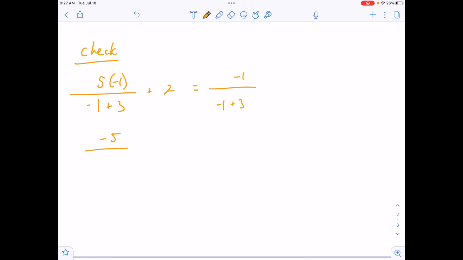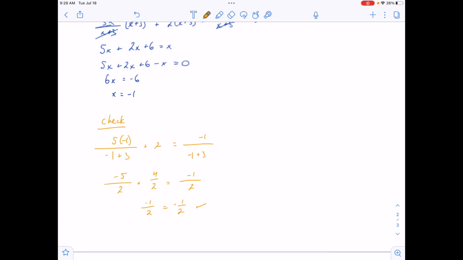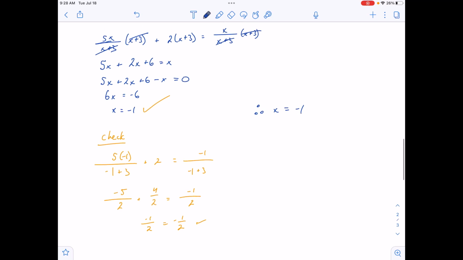Negative 1 plus 3 is 2. I'll put that into a nice common denominator of 4 over 2. And then I have a negative 1 over 2 here. Negative 5 over 2 plus 4 over 2 is negative 1 over 2. Our sides are equal, which means that negative 1 is indeed our answer. Therefore, x is equal to negative 1.